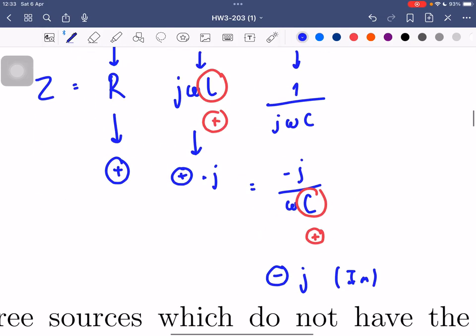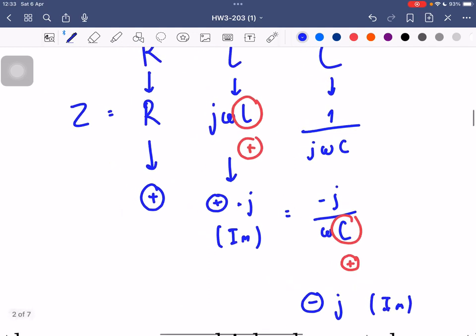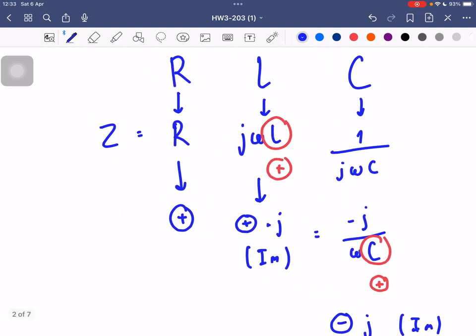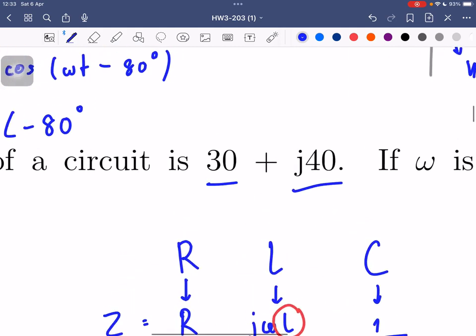For the inductor, it is in the imaginary part, positive. And for the resistor, it is always positive in the real part. Which means that from the problem given, the 30 is the effect of the resistor.